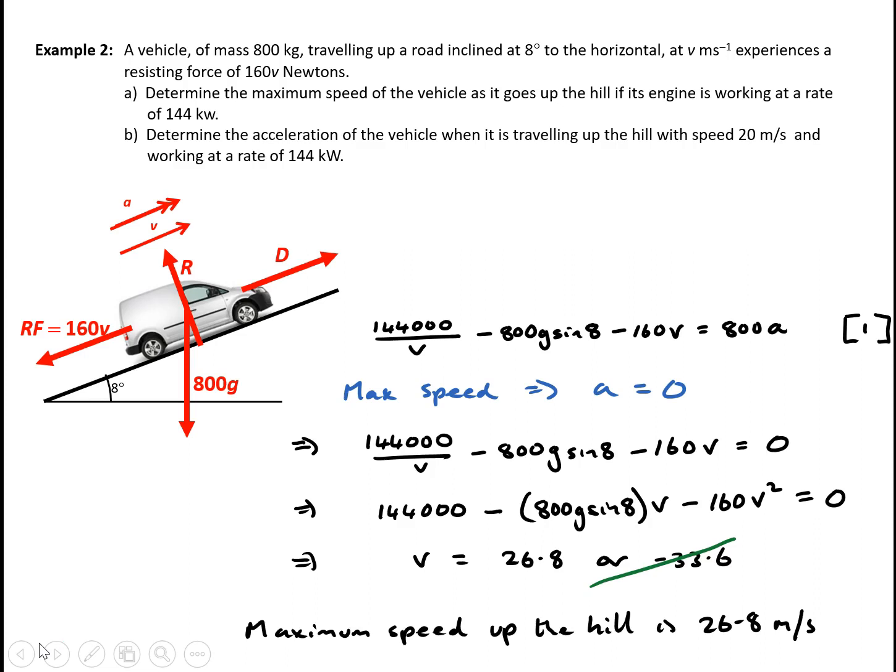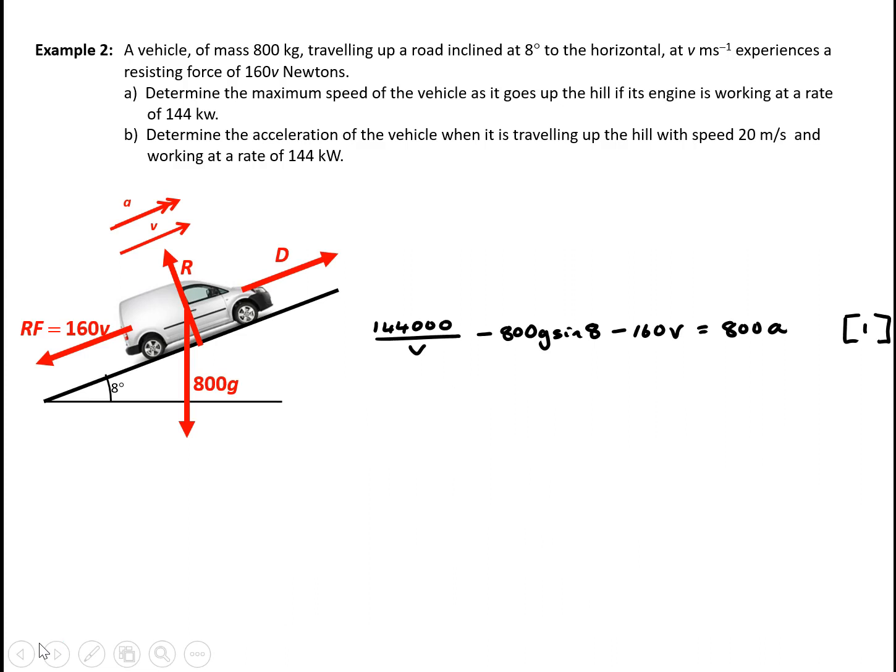Moving on to part B, where we have to determine the acceleration of the vehicle when it's travelling up the hill with a speed of 20 meters per second and working at a rate of 144 kilowatts. We return to our first equation, 144,000 over v minus 800g sine 8 minus 160v equals 800a.